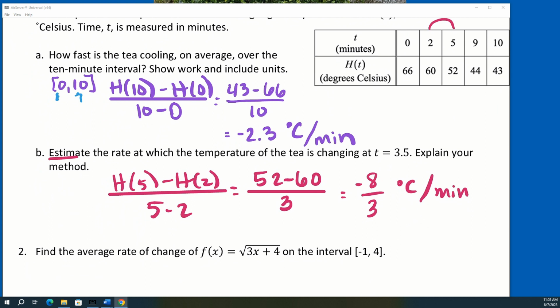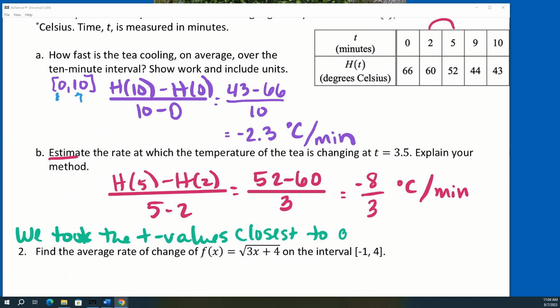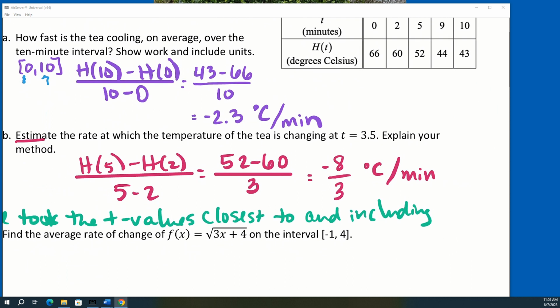Now it asks to explain the method, so we took the t values closest to and including t equals 3.5 and found the average rate of change.